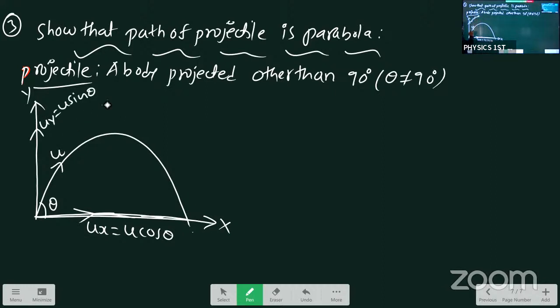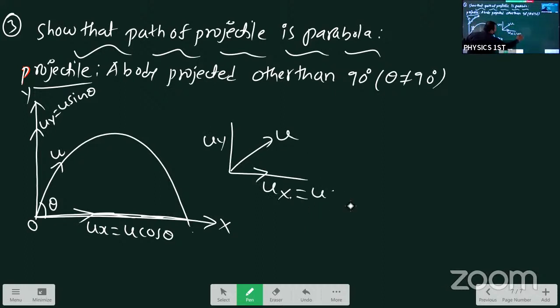A body projected with velocity u is what we call a projectile here. So a body moves with velocity u from the origin onwards. What is the angle it makes? Theta. U is divided into two components, one the cos component and one the sin component. One is the x component and one is the y component.